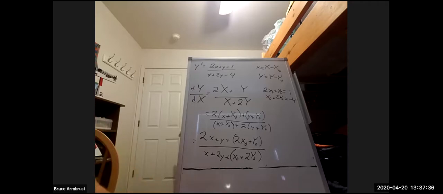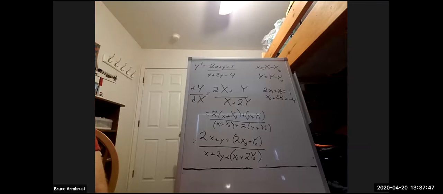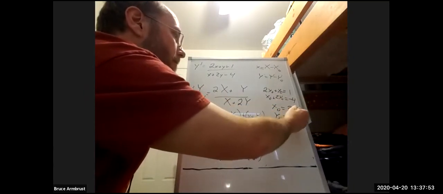All right, so let's see what that tells us. x naught and y naught have to be... So I think y naught is -3 and x naught is 2. Double check me on that, but I think that's right.